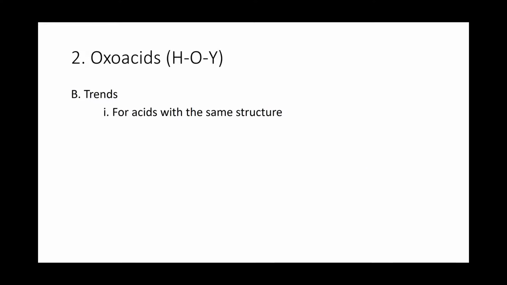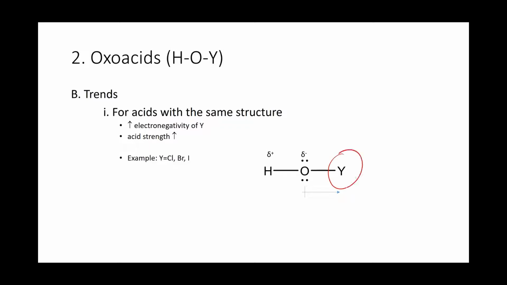And so we see two different trends. If we have acids that have the same structure, so basically the same number of oxygens, same number of hydrogens, but it's really just that central atom that's different, then it's a matter of looking at what happens to the electronegativity. The more electronegative that central atom is, now this example doesn't look very central, but we could have more oxygens coming off of it, the stronger that acid is, because it's pulling electrons towards itself and away from this hydrogen that's going to be donated as a proton.